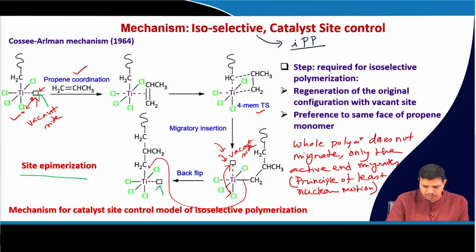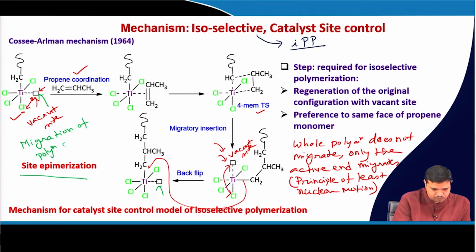So why is it happening? Back flipping, the migration of the polymer chain to the same position.